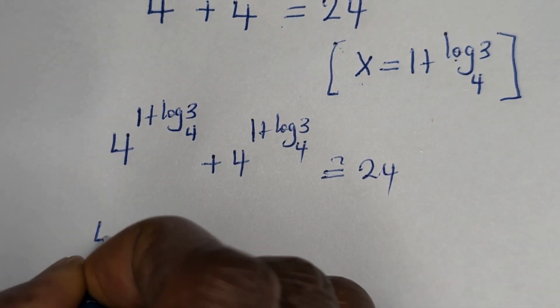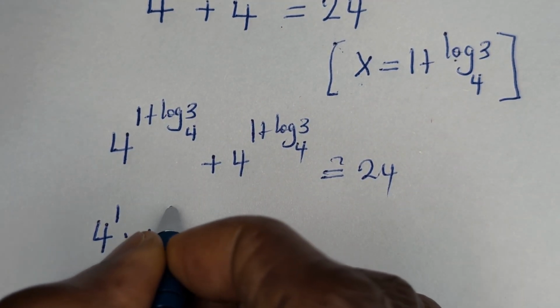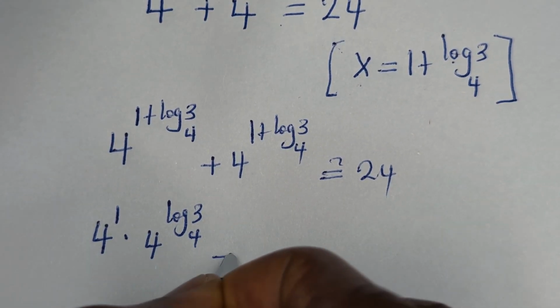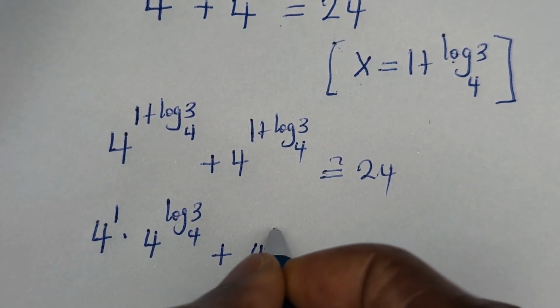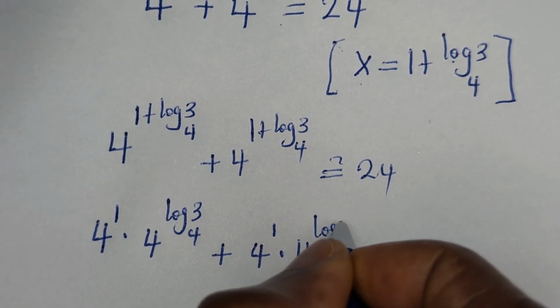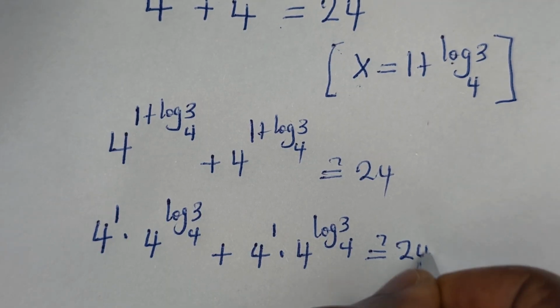Then this is 4 raised to power 1 multiplied by 4 raised to power log 3 base 4 plus 4 raised to power 1 multiplied by 4 raised to power log 3 base 4 must be equal to 24.